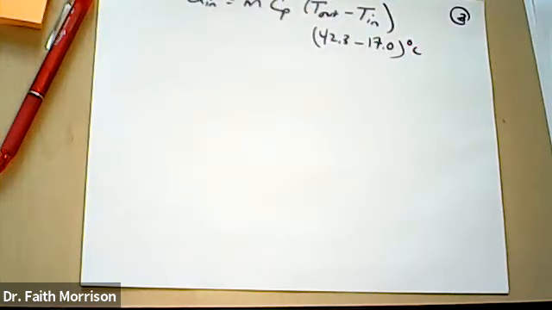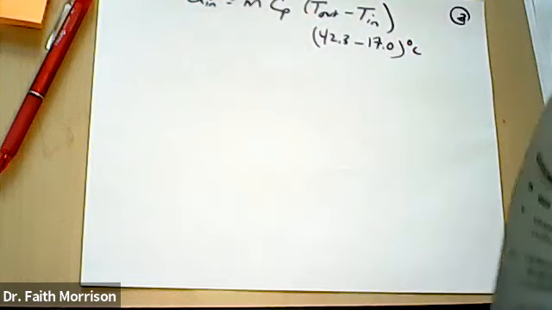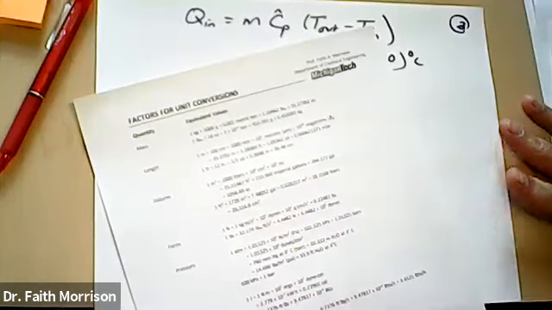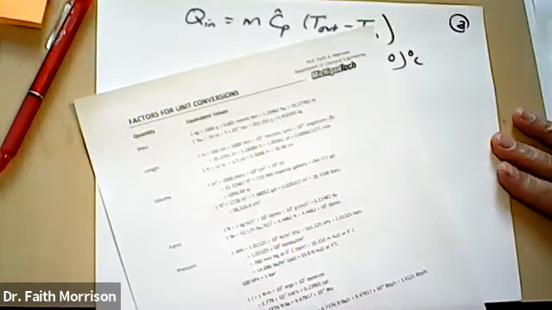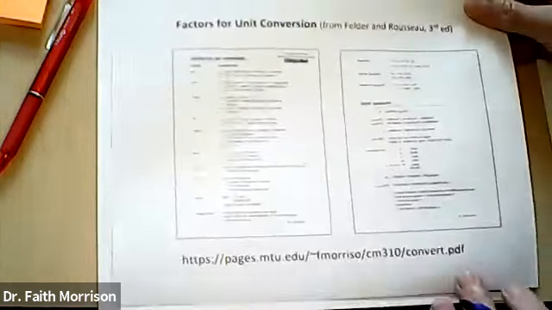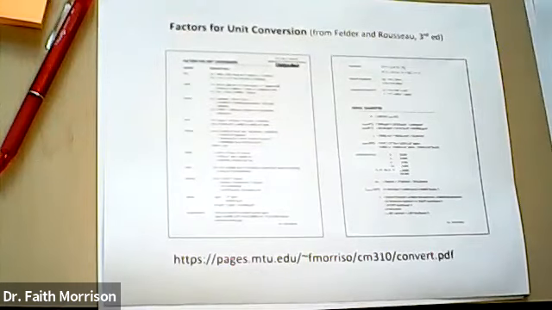So those are good. We need to evaluate these other two, and we're ready to go. The other useful sheet that I like to have around when I'm doing this kind of calculation is this sheet of unit conversions. It's also available online, and I encourage you to download it and make use of it. So here's the URL for getting a copy for yourself of the unit conversion sheet.